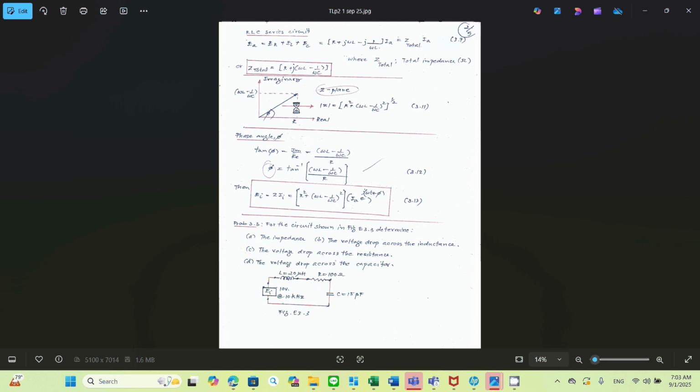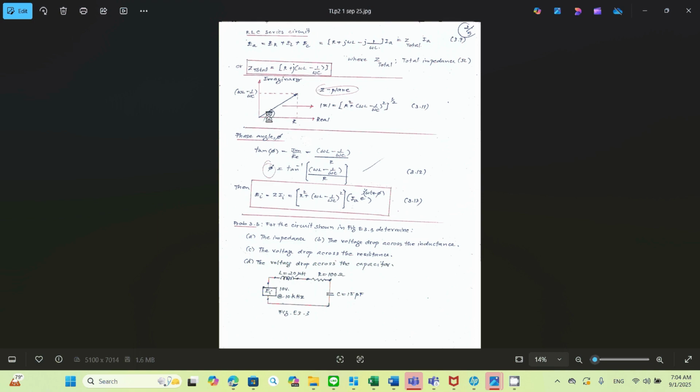Now take a look at the plot. You have the x-axis as the real part, and the y-axis as the imaginary part. You have R right here, and you have omega L minus 1 over omega C. This is the Z plane, that means the impedance plane.